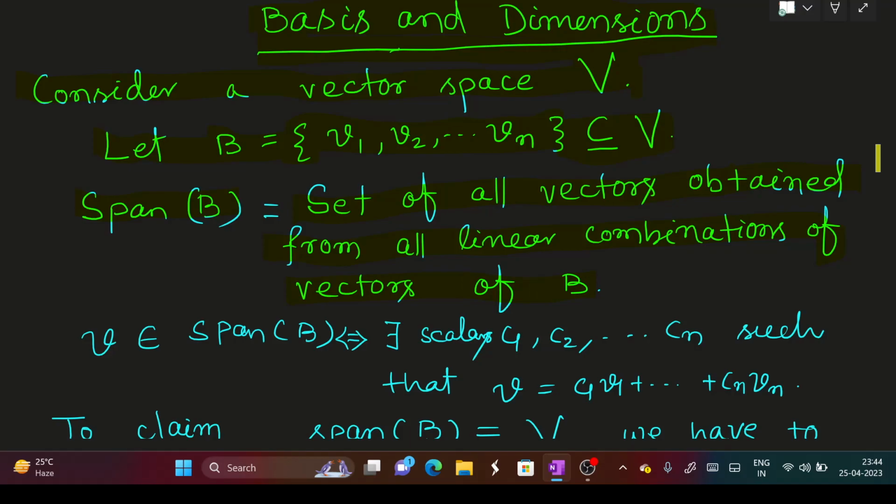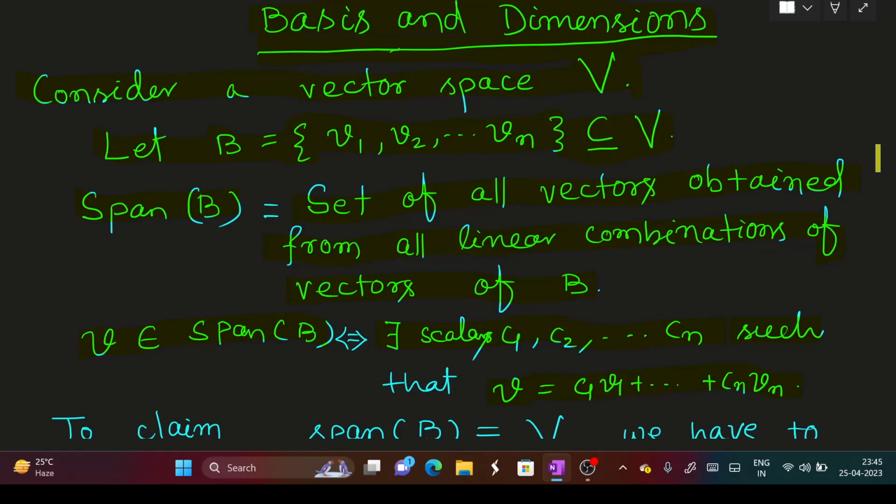All vectors will be multiplied by a particular scalar, and after adding them, whatever new vectors we get, if we collect all of them and form a set, that set is span of B. That means if V belongs to span of B, then there exist scalars C1, C2 up to Cn such that V can be written as a linear combination of V1, V2 up to Vn.